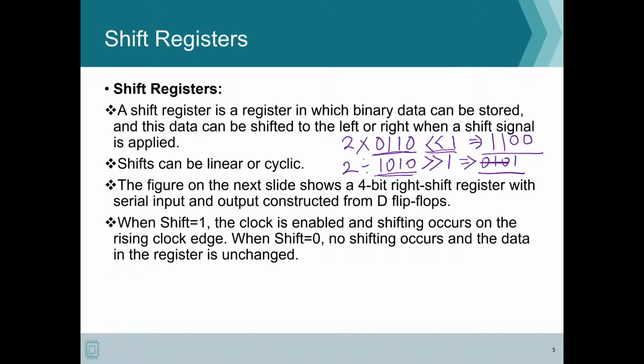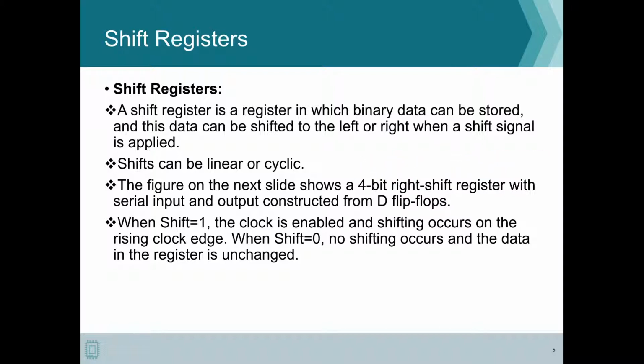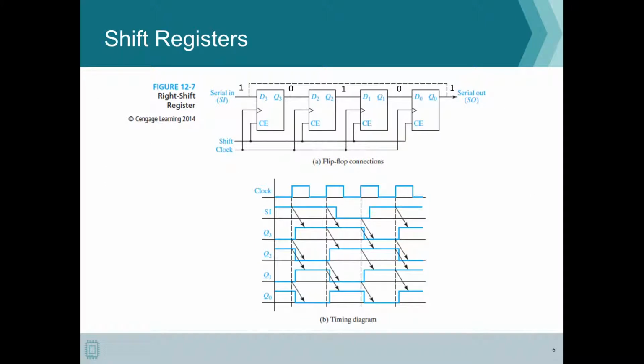So those are the arithmetic equivalents of performing right and left shifts. In the next slide, we are going to see a 4-bit shift register.